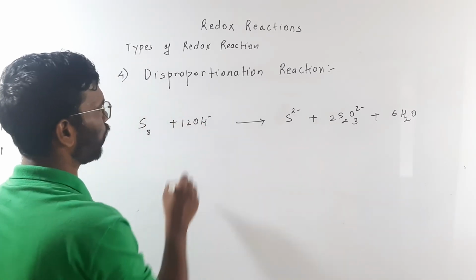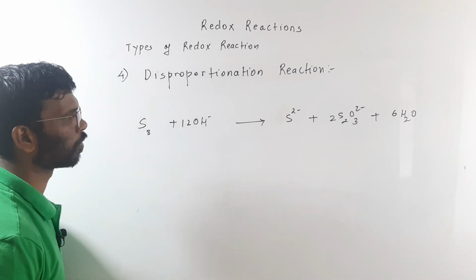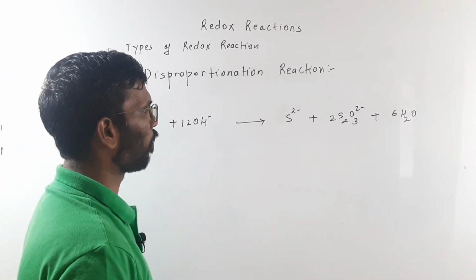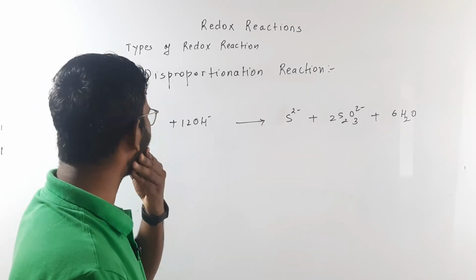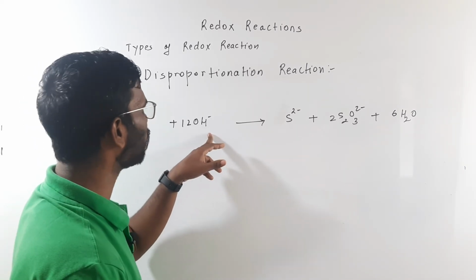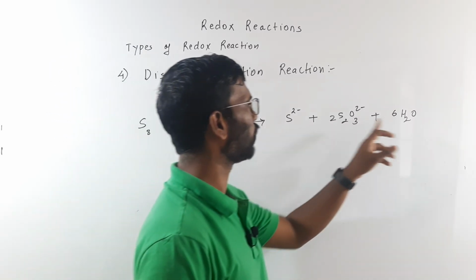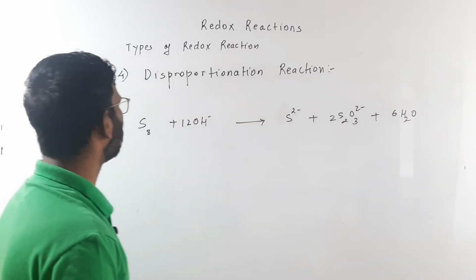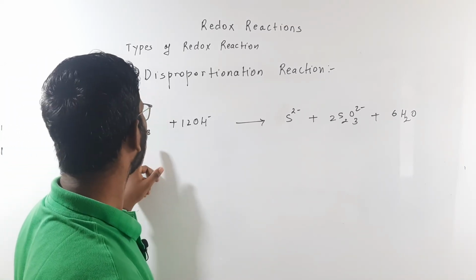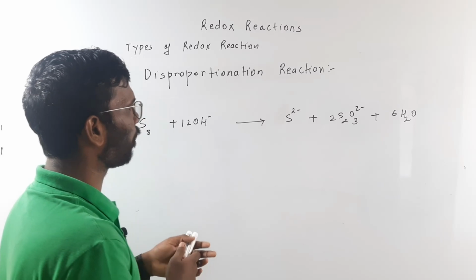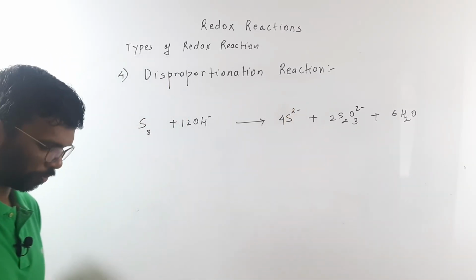So I will put this to 12 hydrogens. This reaction is balanced. Hydrogens are balanced, 12 and 12. Oxygens are 12, 3 twos are 6, 6, 6, 12. 8 sulfur, right? Here I'll put 4 S2 minus.